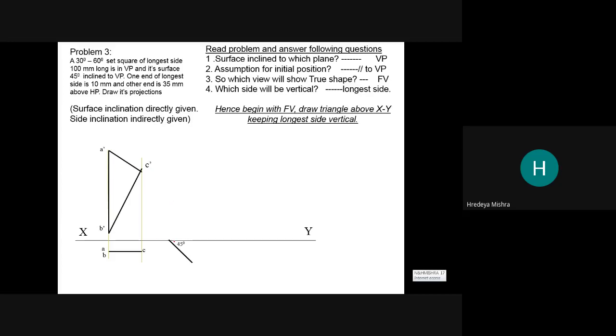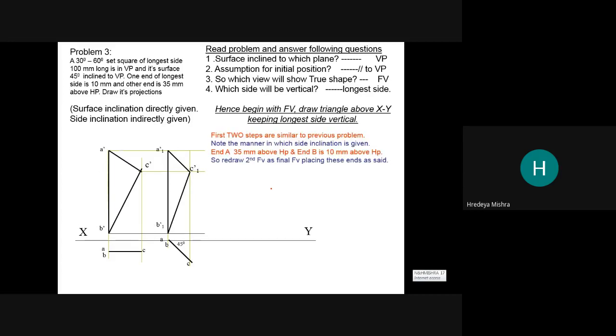We get the vertical plane here, see AB. The same things are given here. We just get this dash value. Two steps are similar to the previous problem.